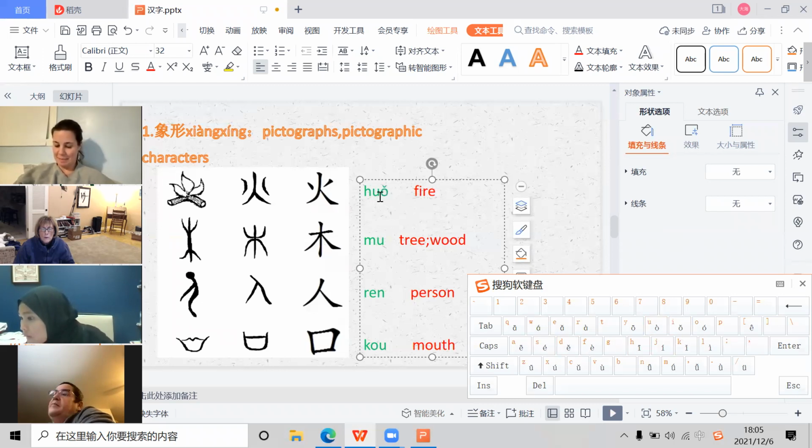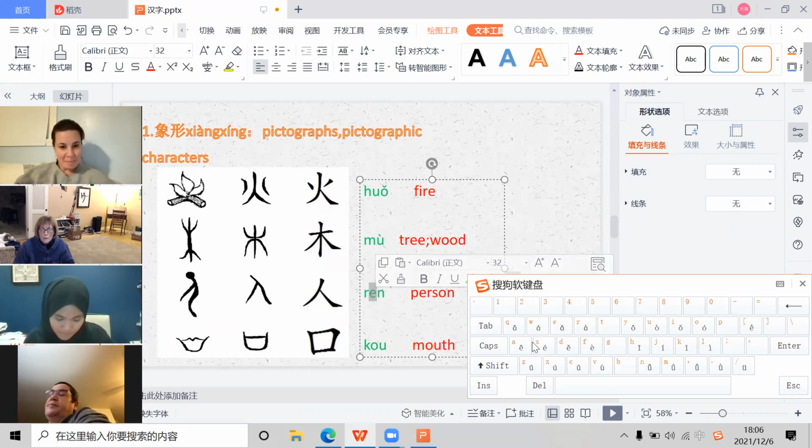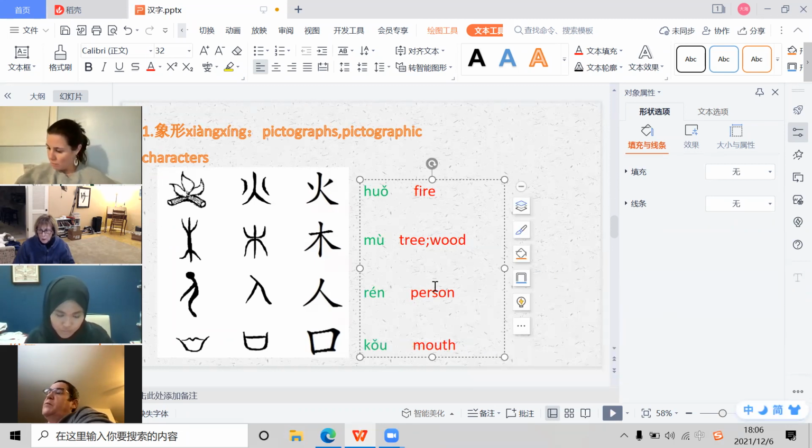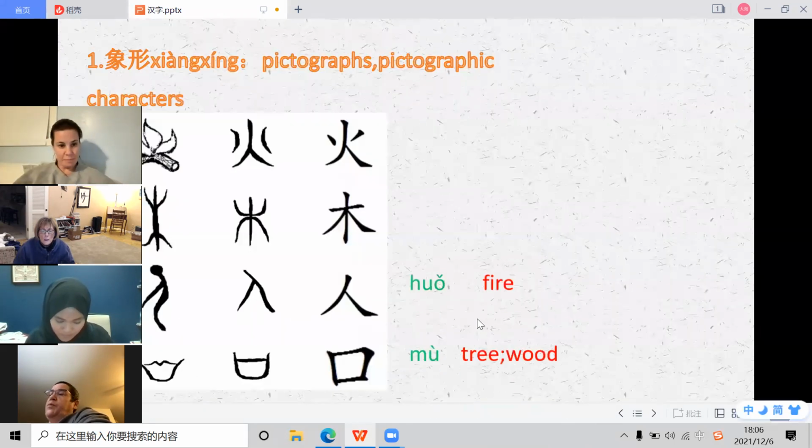So this is 火. The second one is 木, the tree.